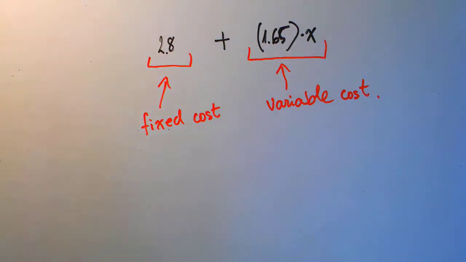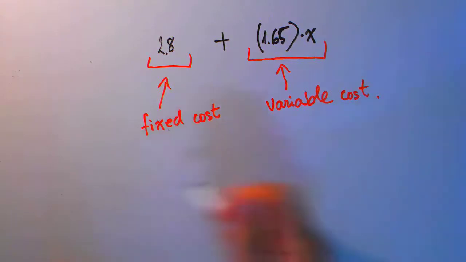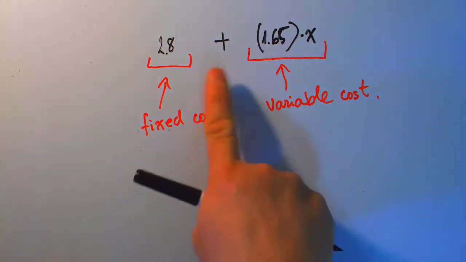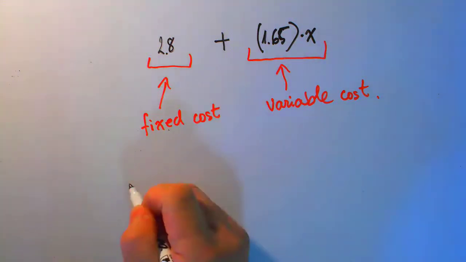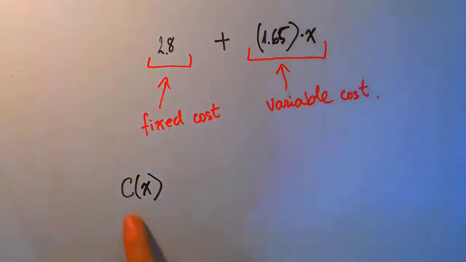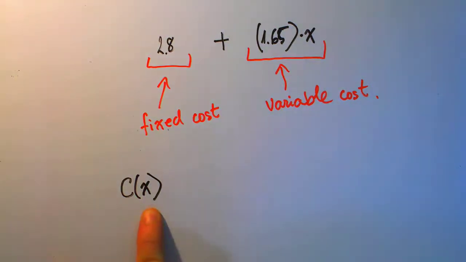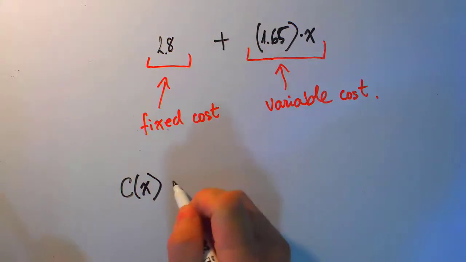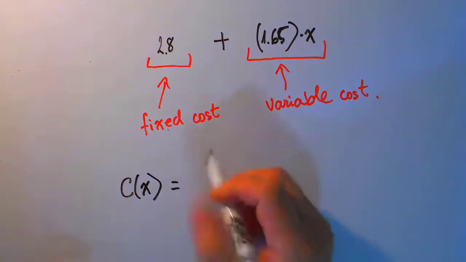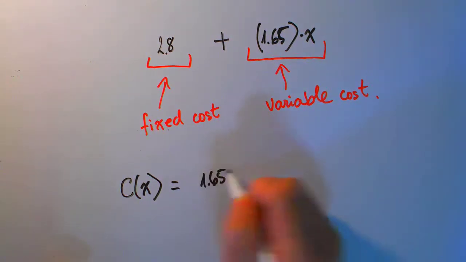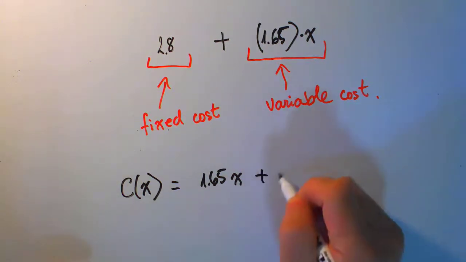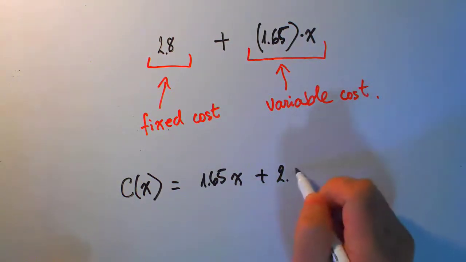And so now, generalizing the idea together, considering the overall cost, adding the two terms here, now it gives us our final cost function, C of x right here, cost as a function depending on how many miles each traveler, each rider stays in the cab, is going to be 1.65 times x, the rate per mile times x miles, plus the base pay for anyone, $2.80.